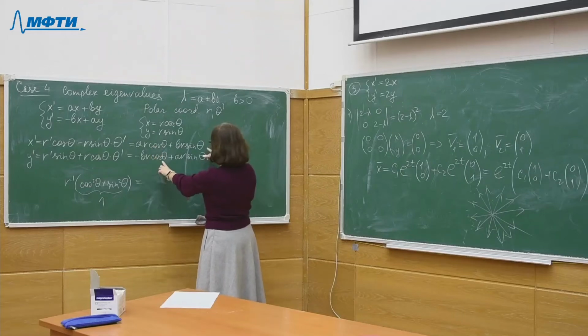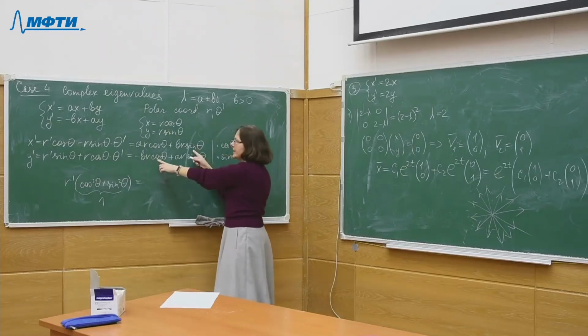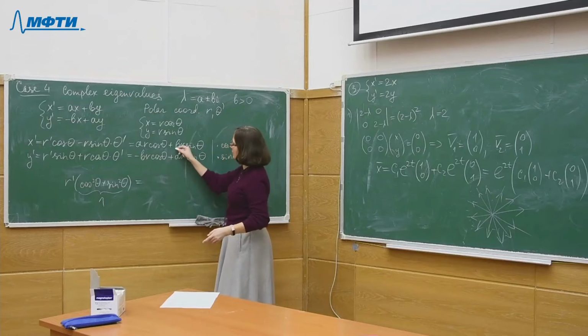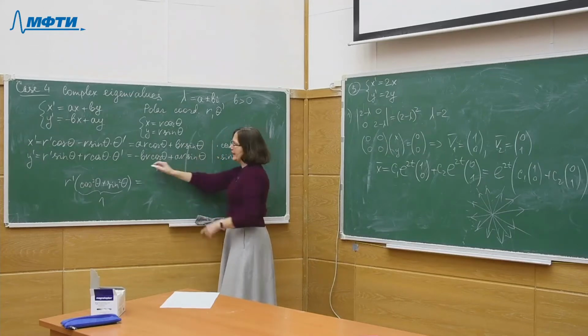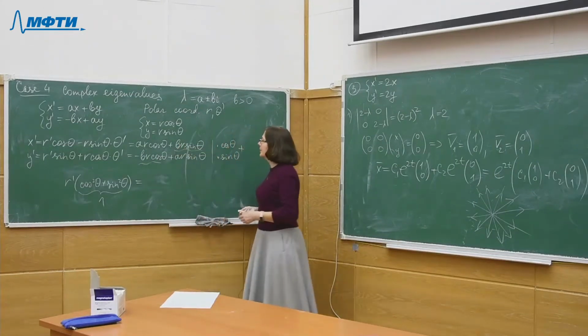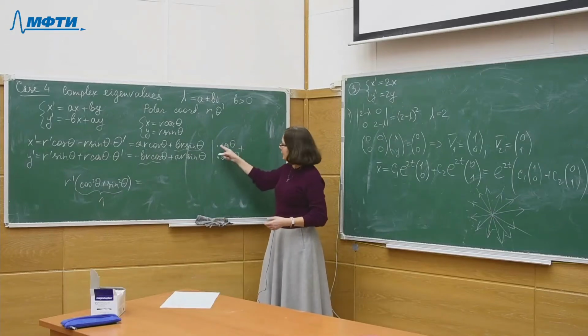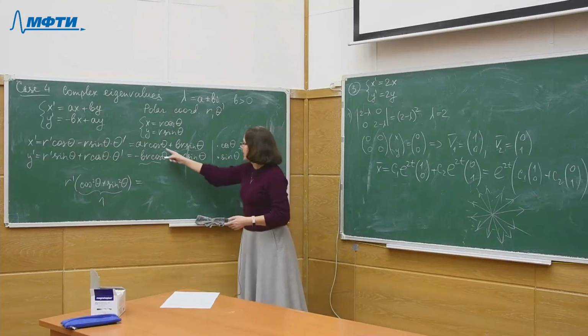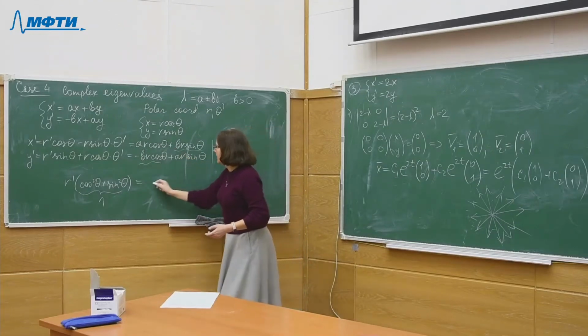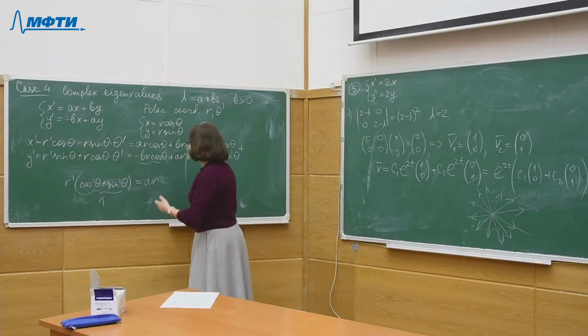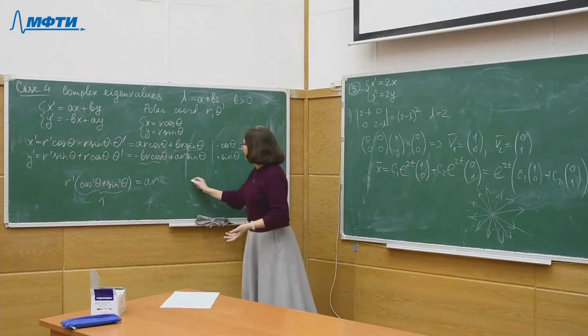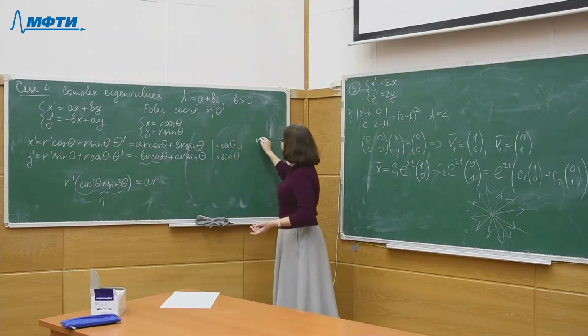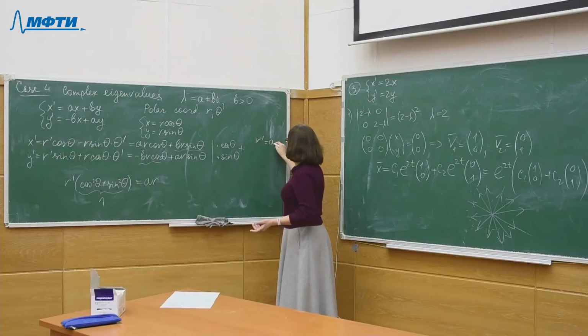So b will be eliminated. Is it clear that these terms will be eliminated by this operation, with plus and minus? And what about these terms? It will be ar times 1. So the first equation will be r prime equals ar.